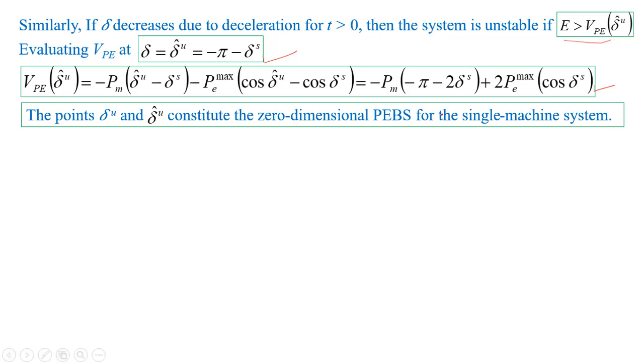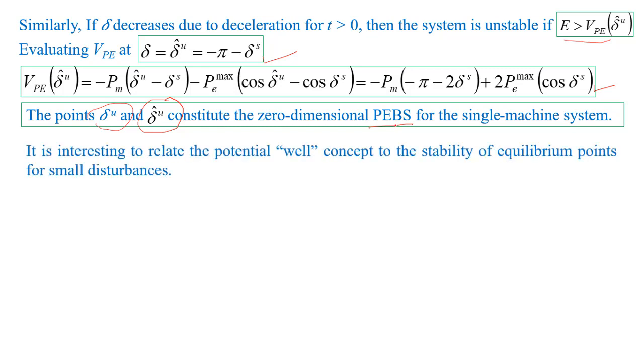Now the points delta u and delta u cap both constitute the zero dimensional PEBS for a single machine infinite bus system. So it is interesting to relate the potential well concept to the stability of equilibrium points for small disturbances as well. So this method can be extended to analyze small disturbance or small signal analysis.